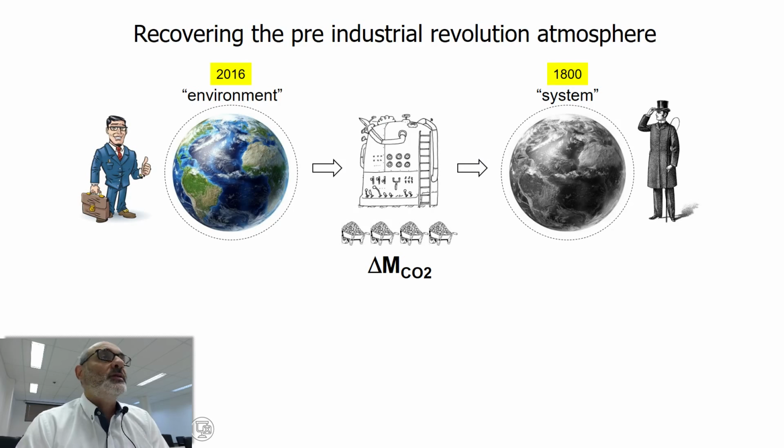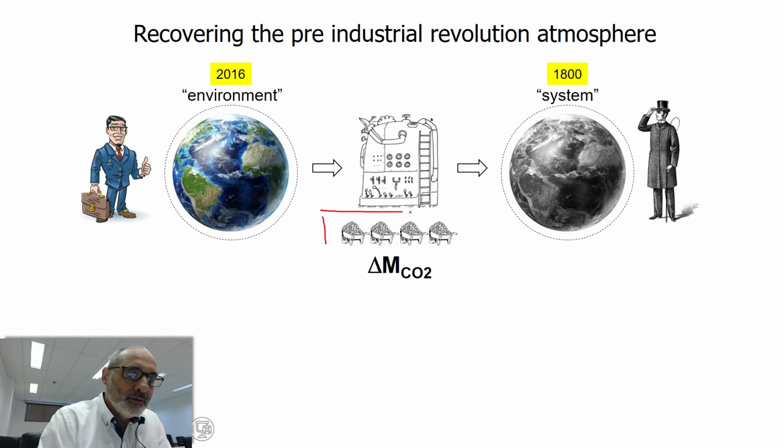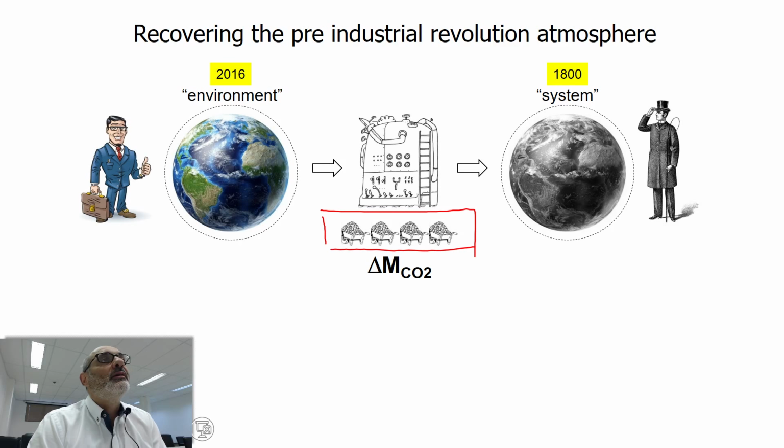So in order to do this, what I needed was to devise a machine that removes CO2 from the atmosphere somehow and stores this mass of CO2 somewhere other than the atmosphere.